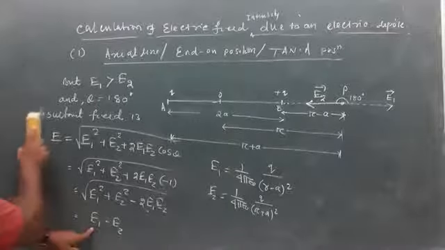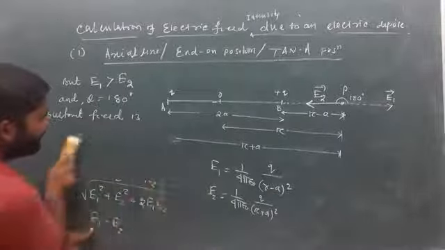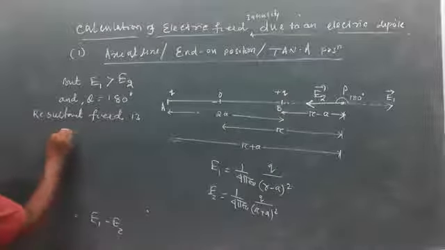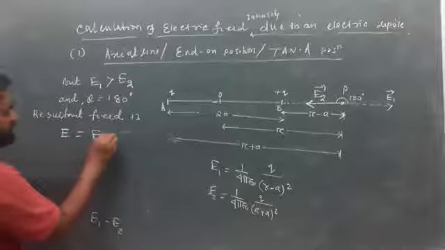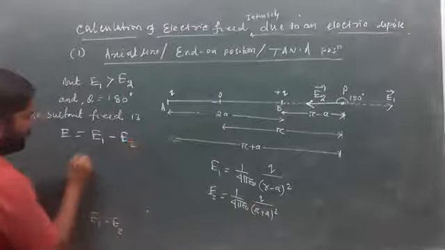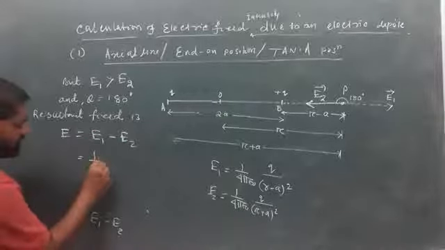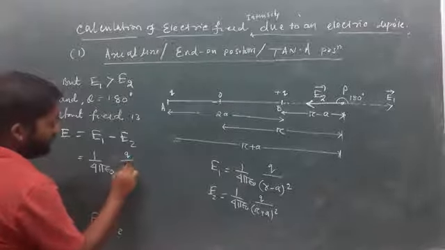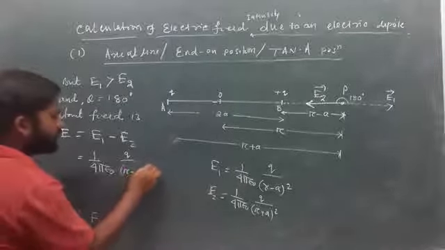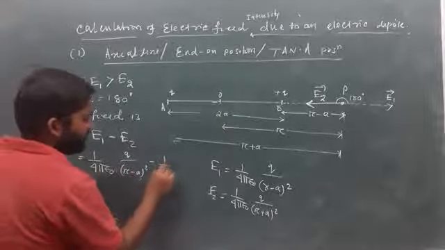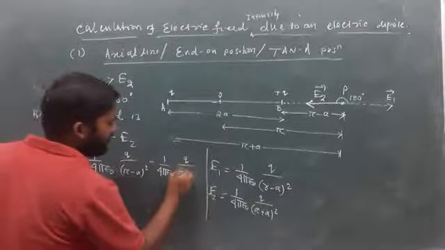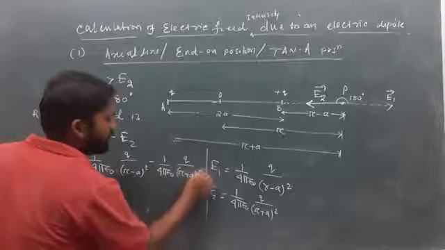So substitute the values. What is the resultant field? E equals E1 minus E2. E1 is 1 by 4 pi epsilon 0 q divided by r minus a square, minus 1 by 4 pi epsilon 0 q divided by r plus a square.